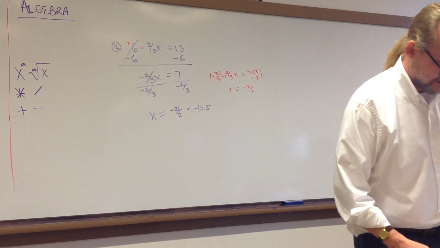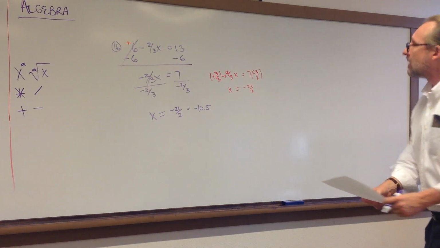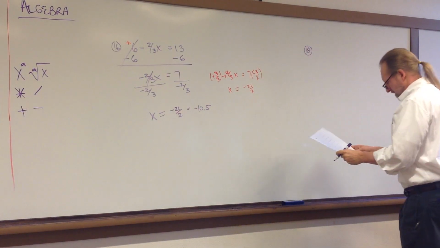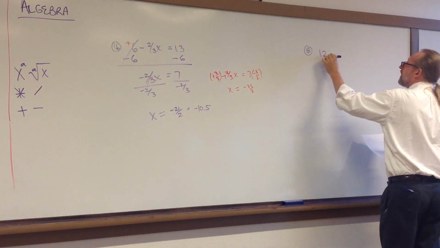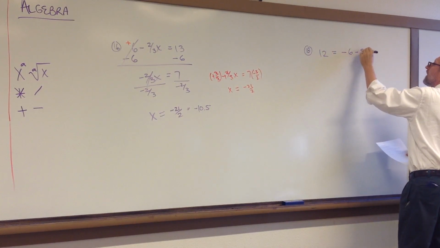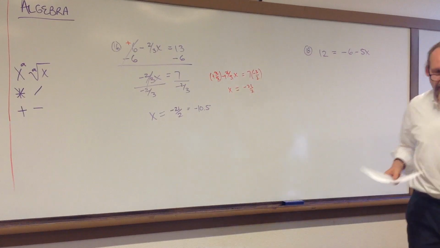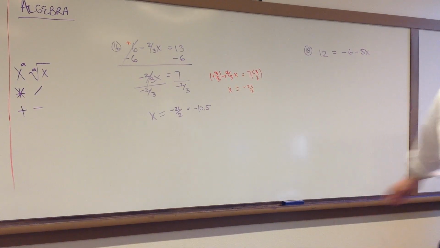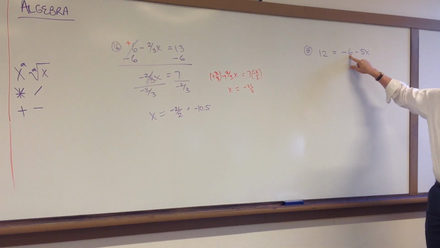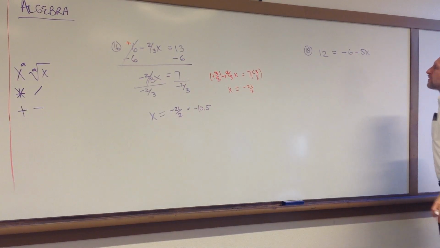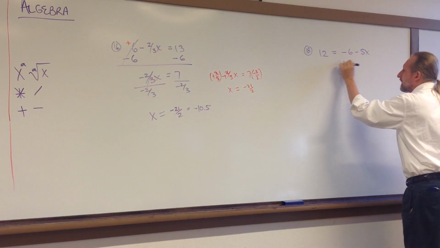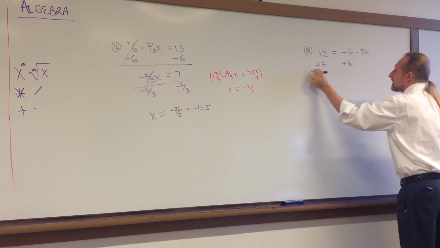Okay, let's see here. Let's look at 18. Here we start out with 12 equals negative 6 minus 5x. Now in this problem, over here where the x is, these both have negative signs attached to them. So if we want to cancel out this negative 6 or minus 6, then we're going to add 6 to both sides.